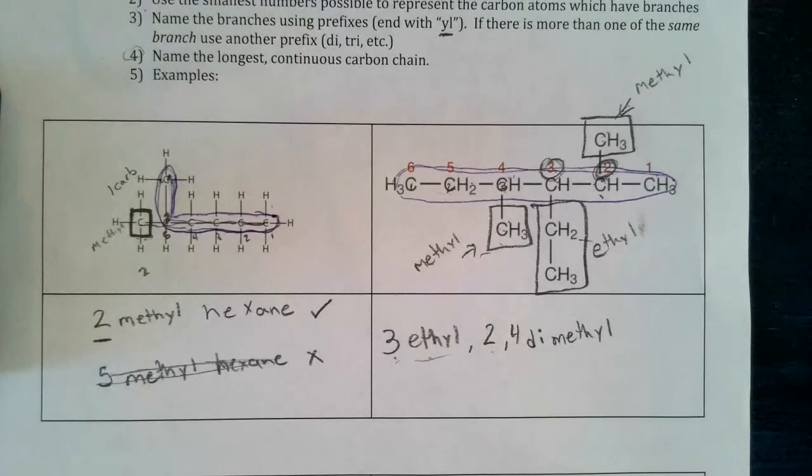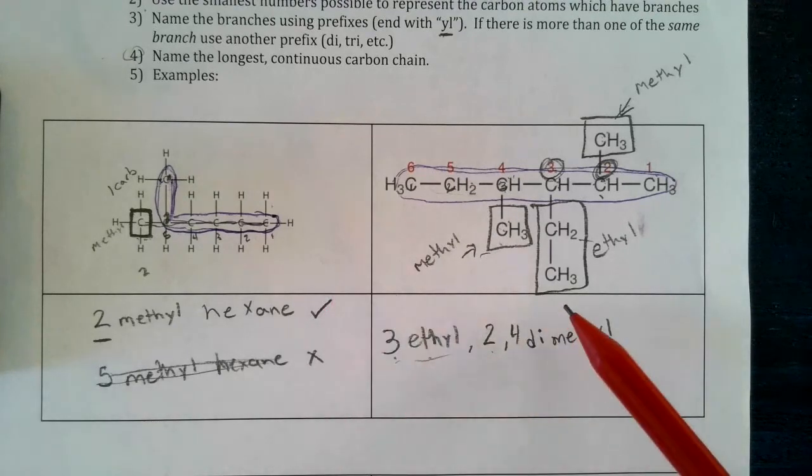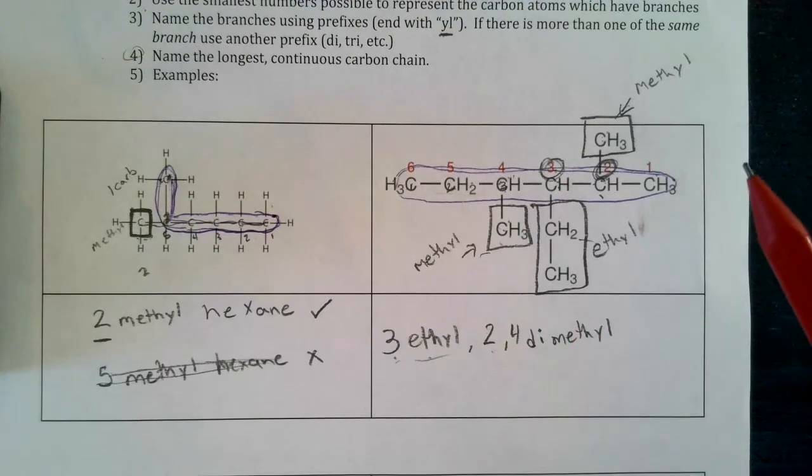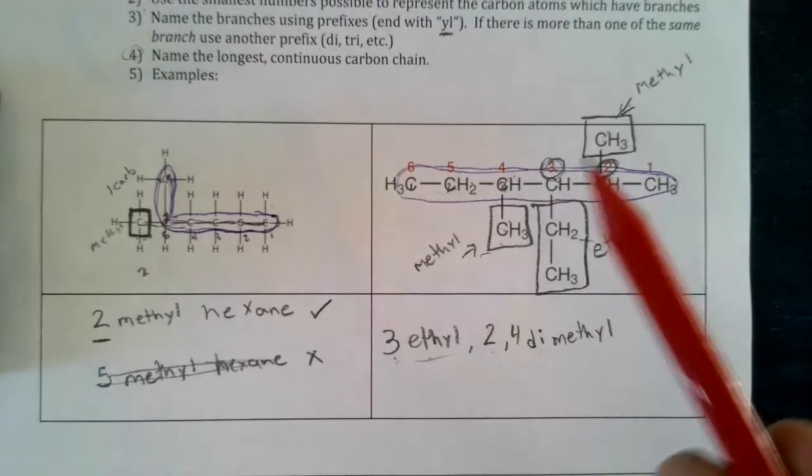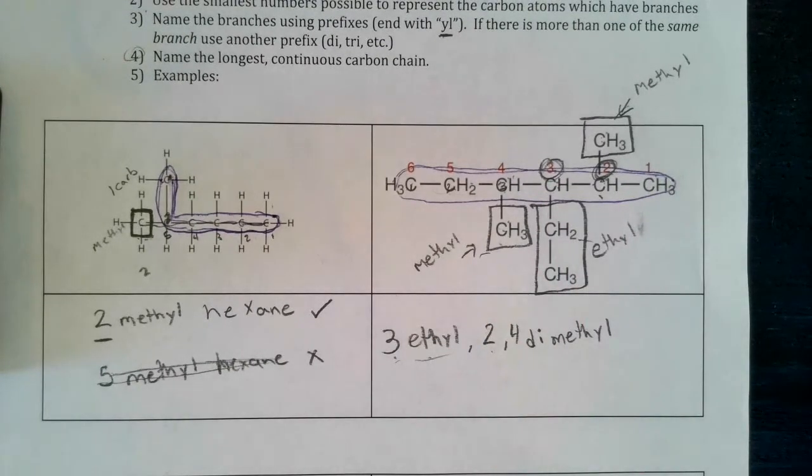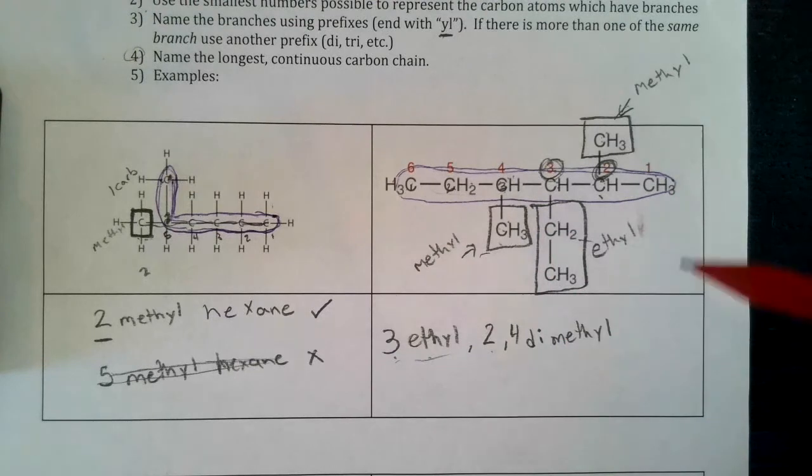And so instead of it being 2,4-methyl, it's 2,4-dimethyl. Honestly, the Regents doesn't mess with the dimethyls anymore because they try and keep it much simpler, more like a question like this than this. But as you know, the more difficult we make it on ourselves now, the easier it is later. So 3-ethyl, 2,4-dimethyl, and then we're not done.